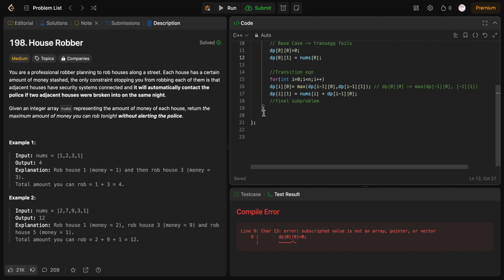And the final subproblem that this question is asking is to return the maximum of dp of n minus 1, 0.